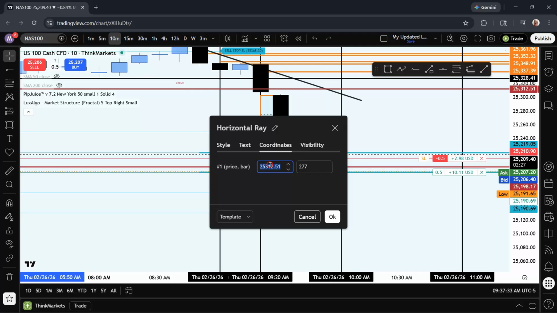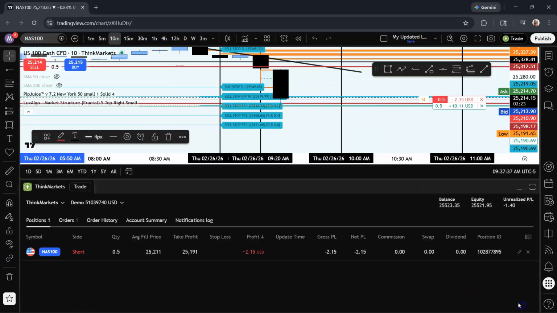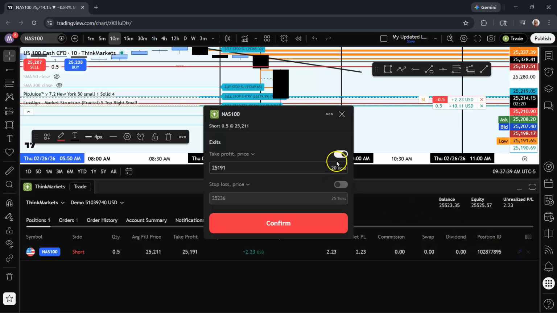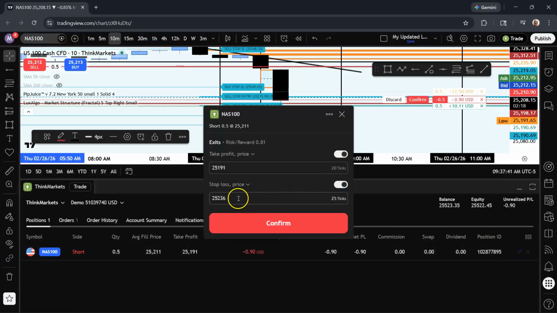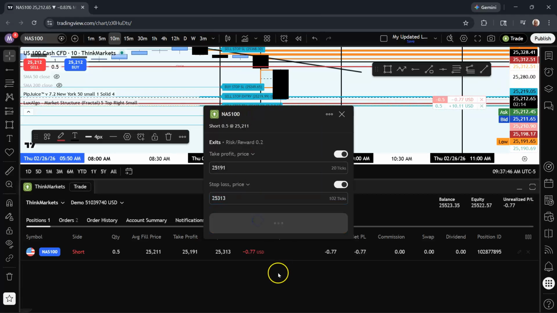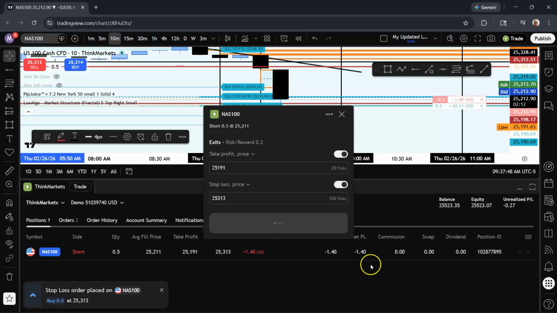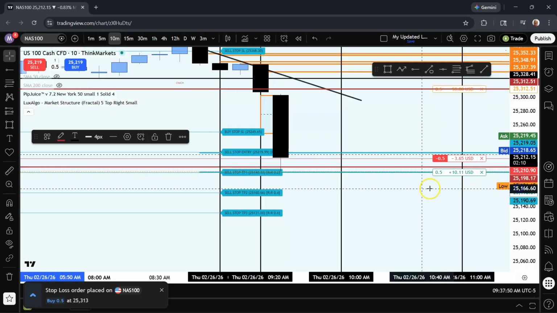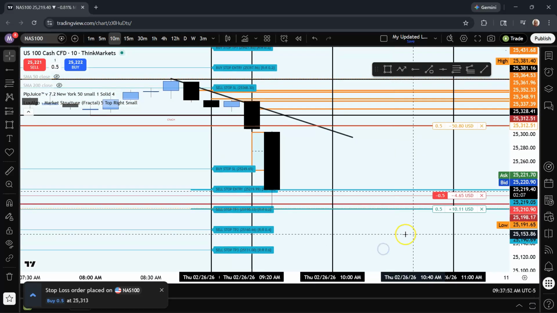Coordinates. Copy. This way you protect your principal. Stop loss. Copy paste. That's the stop loss. Okay.